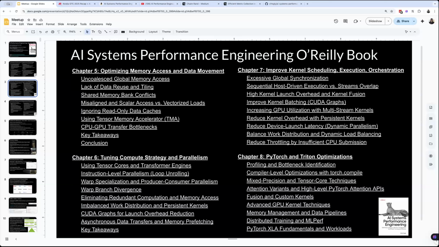Then chapters 5, 6, and 7 are CUDA focused, but I'm trying to not scare people with too much CUDA. As I'll talk about later in my talk, at the NVIDIA GTC conference last month, one of the themes was more Python support for CUDA.